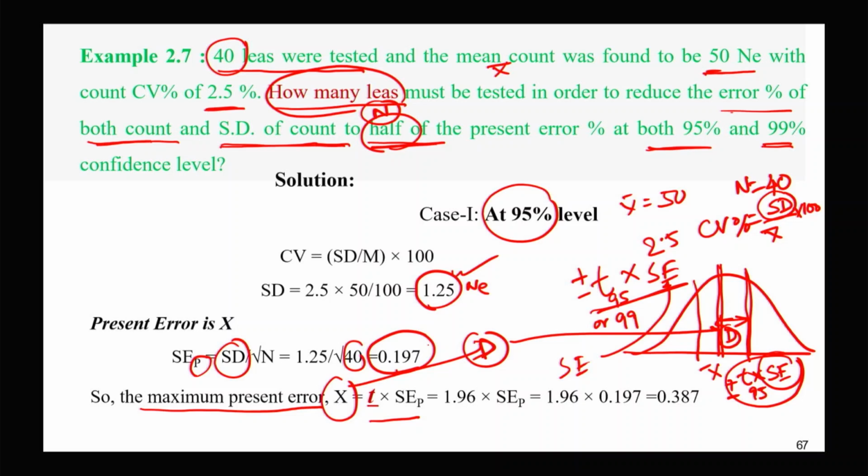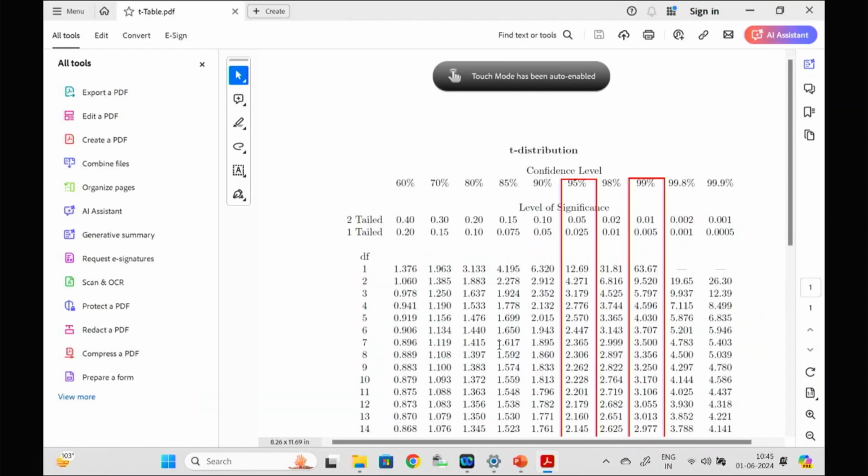Typically in our textile material, depending on the variability, we consider below 30 as a smaller sample, and anything above 30 is a large sample, where we consider the degree of freedom as infinite. So this t value we have to get from the standard table value at 95% level. Let us see the table value.